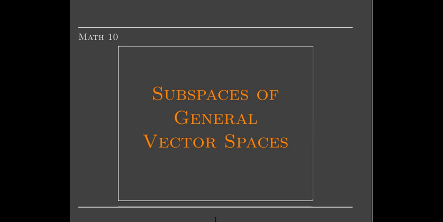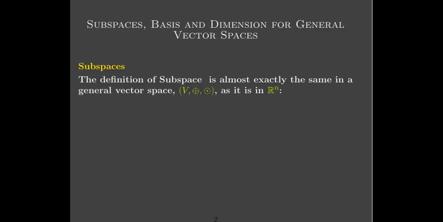In this video, we're going to talk about subspaces, but not subspaces of just Euclidean spaces, but subspaces of general vector spaces. So our definition is going to be almost exactly the same.